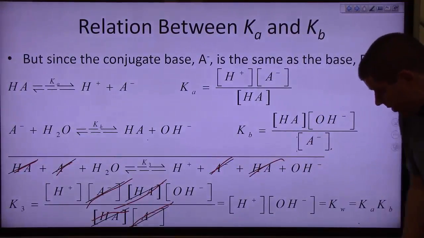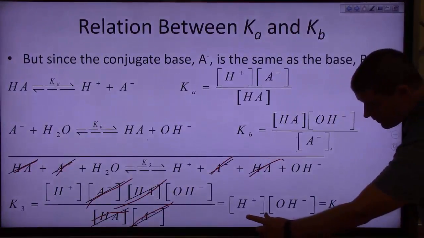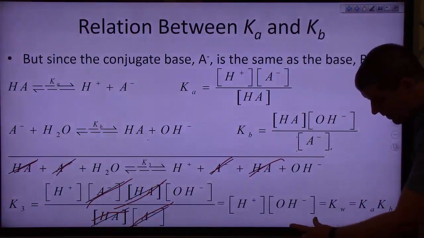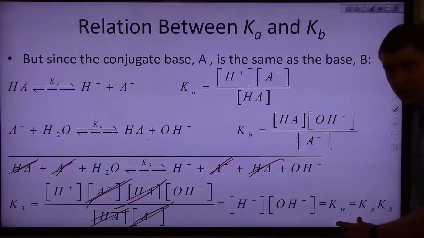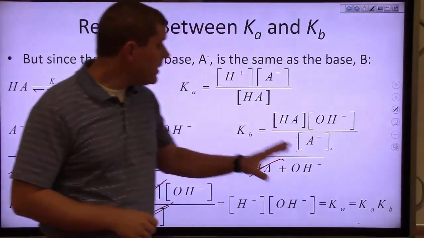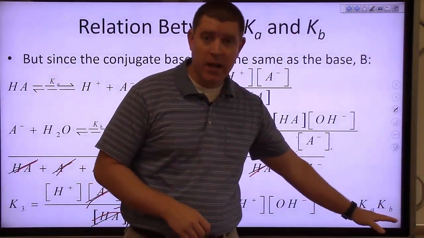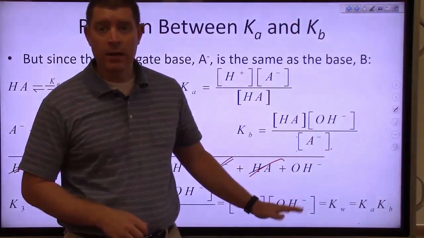But remember, K3 was also equal to Ka times Kb, and remember that the concentration of H plus times the concentration of OH minus is equal to Kw, the auto-ionization constant for water. And this means that for any acid-base conjugate pair, the value for Ka times Kb must be equal to Kw.